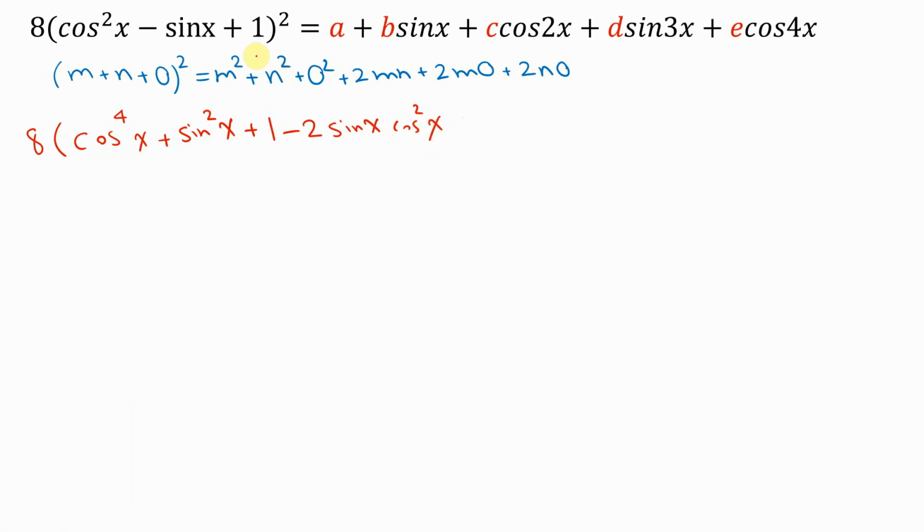The next term: plus 2 times cosine squared times 1, which is 2 cosine squared x, and finally minus 2 sinusoid of x times 1, which is minus 2 sinusoid of x.